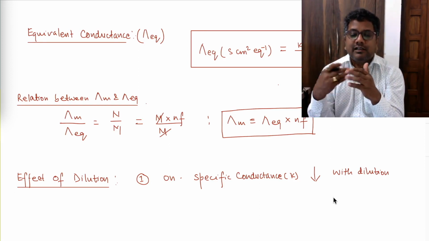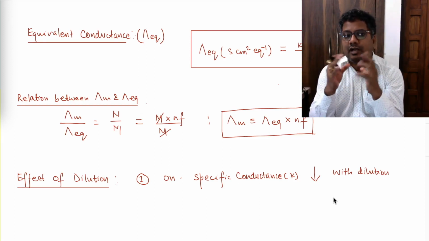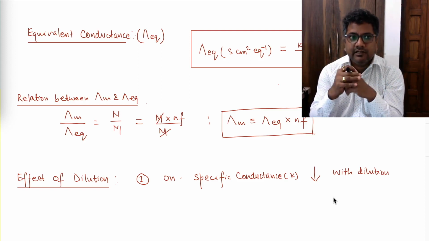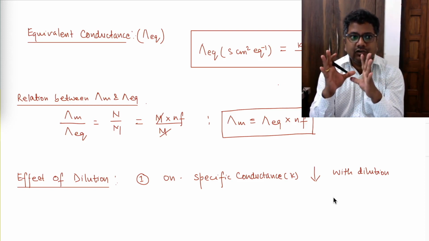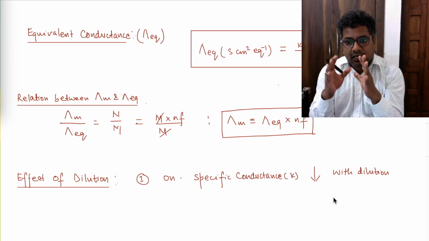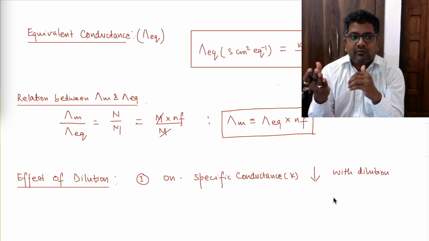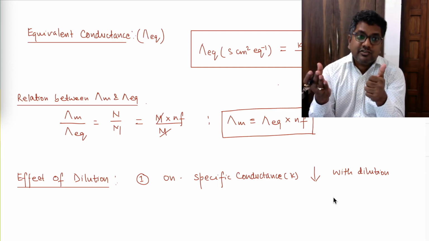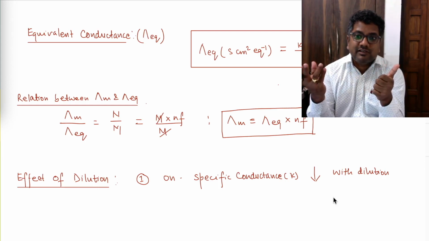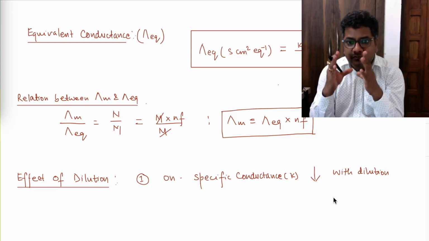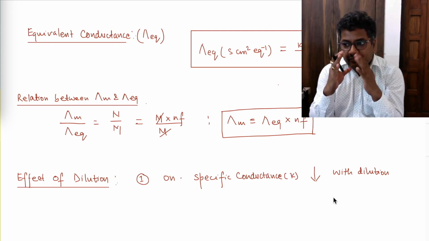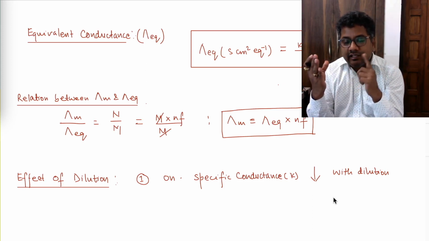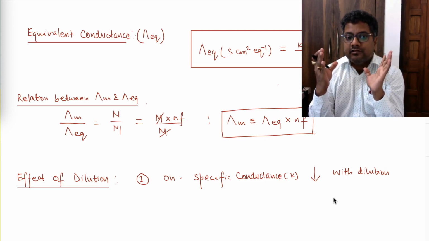Suppose you have taken 1 mole of NaCl or KCl in a certain volume, and if you double the volume, it is not possible that the degree of dissociation becomes double, I mean the number of ions doubles. No, not like that. So the proportion in which volume increases, the number of ions does not increase in the same proportion. So the specific conductance decreases.